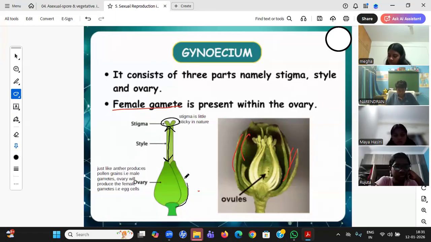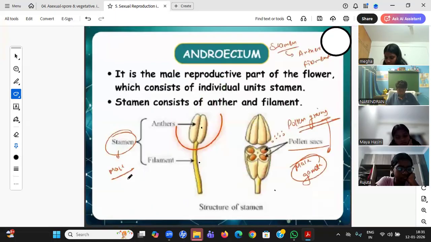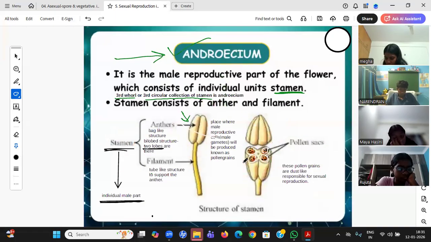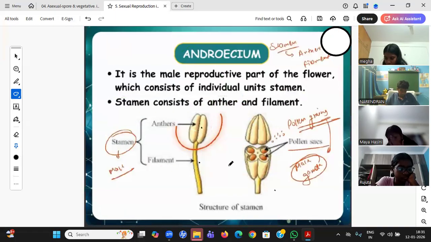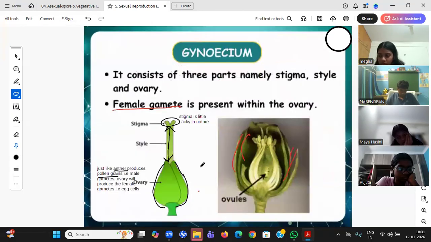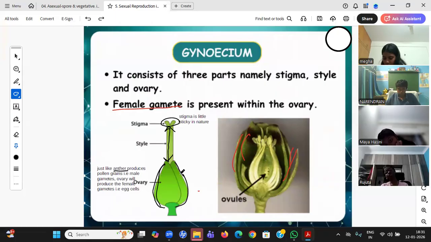The down portion is nothing but the ovary. Just as the anther was producing pollen grains, who will produce female reproductive cells? Obviously, the ovary. Inside the ovary there will be female gametes, or egg cells. Here we call it the same, ovary and egg cell, like in human beings, in females.